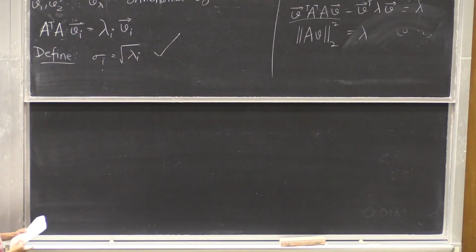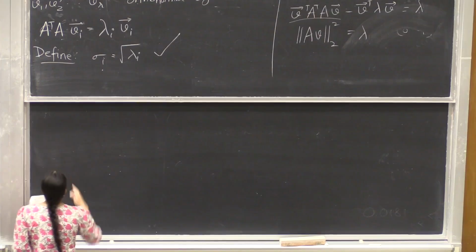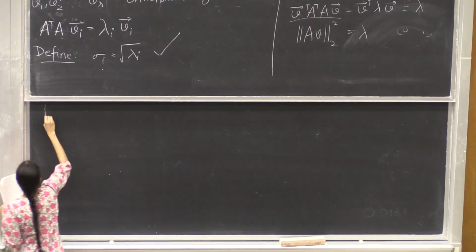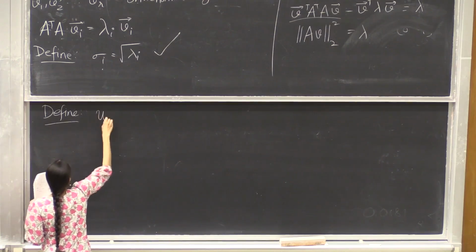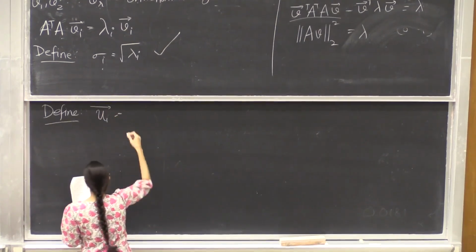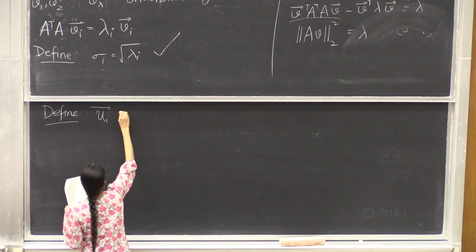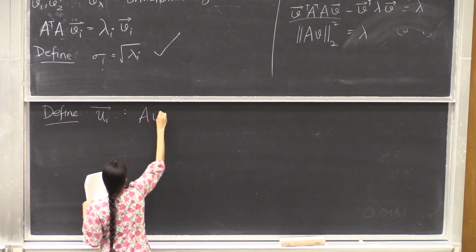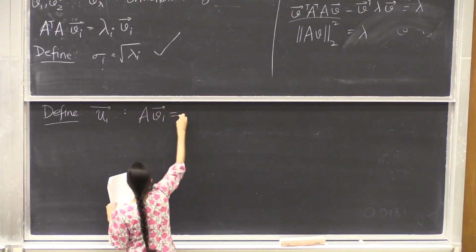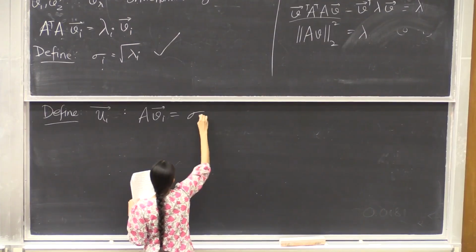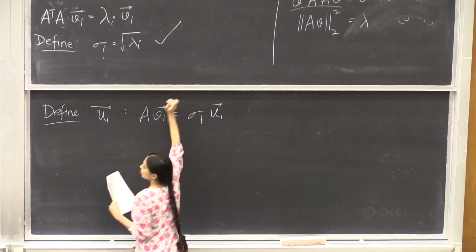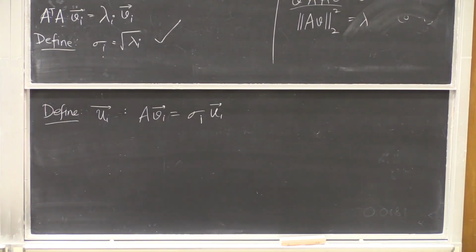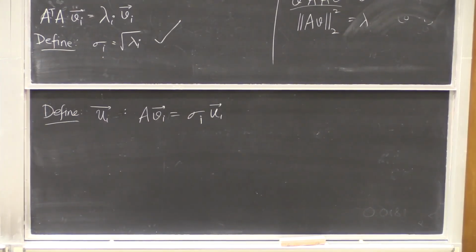And now what I'm going to do is define the ui vector such that A times vi is equal to sigma i times ui. Okay? So I'm trying to get something that looks like this, right?